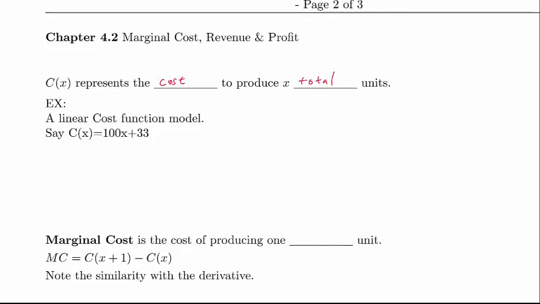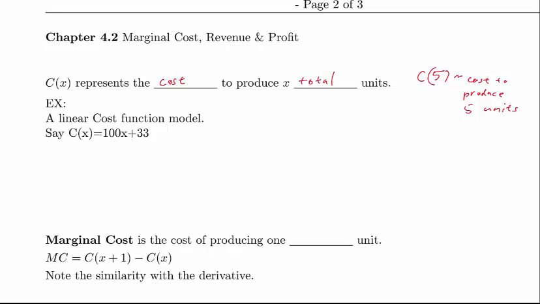C of 5 would, for instance, be the cost to produce 5 units, whether the unit was a toy, a coat, or a car, it doesn't matter. We're keeping it abstract right now. Just something that you're making, and it costs something to make them. Shouldn't be too terribly hard to reason through.